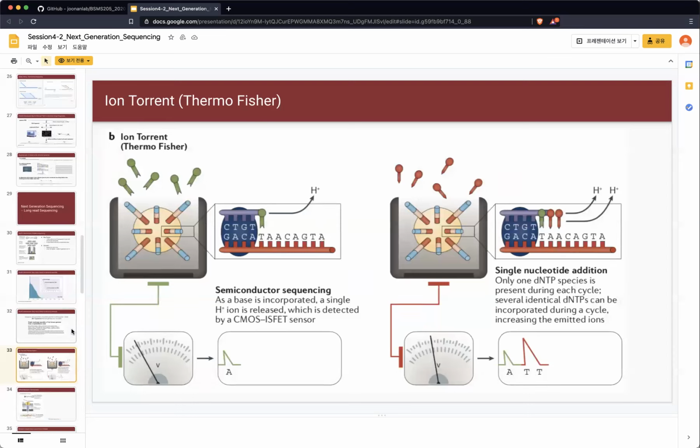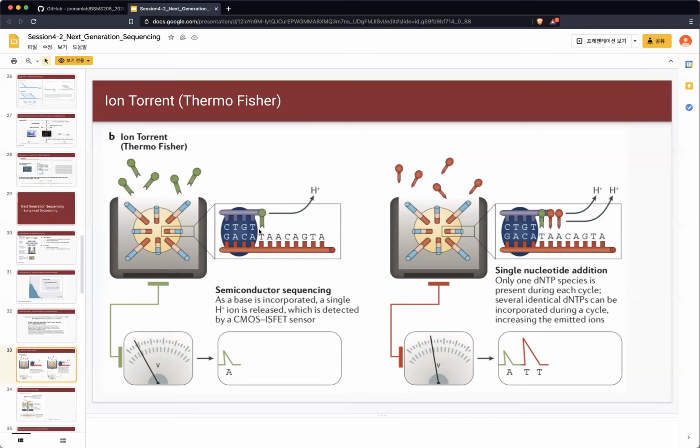Ion Torrent is a bit different from PacBio or the Illumina sequencing platforms because it uses ions rather than fluorescence, right? Once you add a nucleotide to the sequence, it's also based on sequencing by synthesis, but it emits ions rather than fluorescence. It emits hydrogen, right?